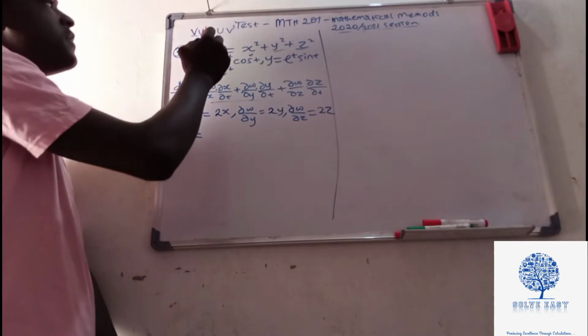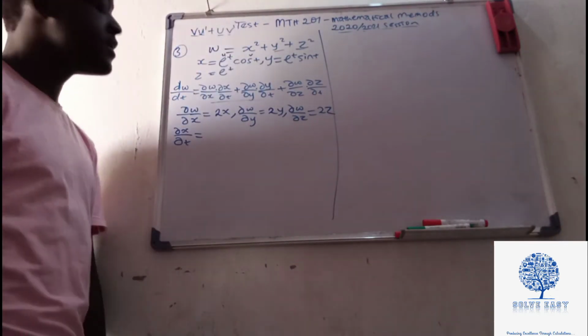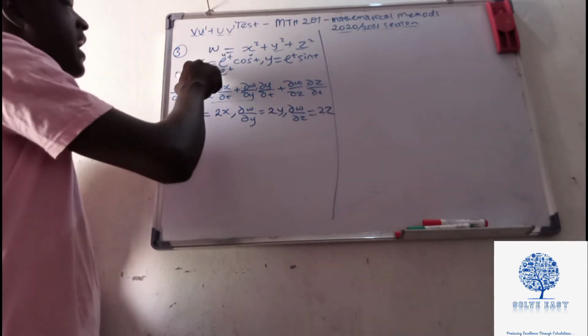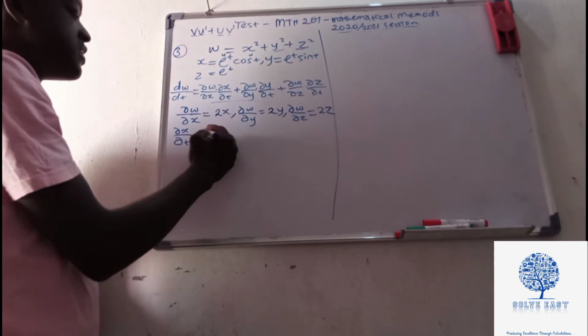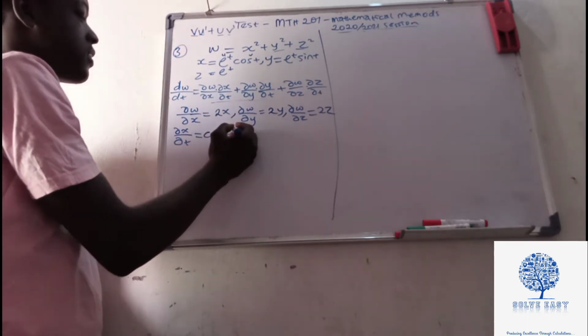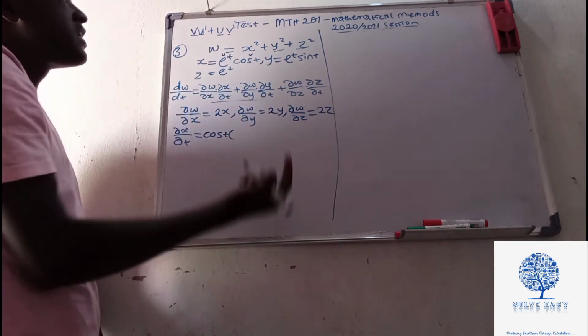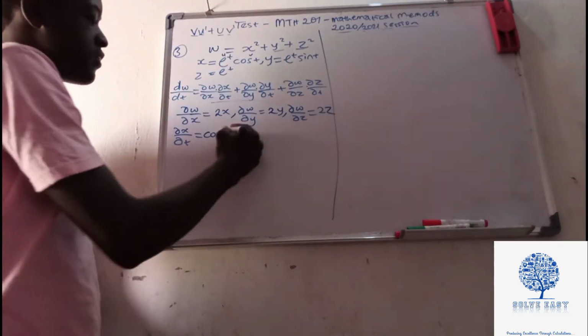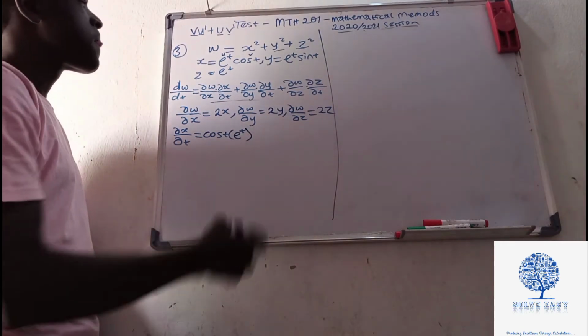Having x as e^t cos t, our v is cos t, and differentiating u, e^t, we still have e^t because we are differentiating with respect to t.